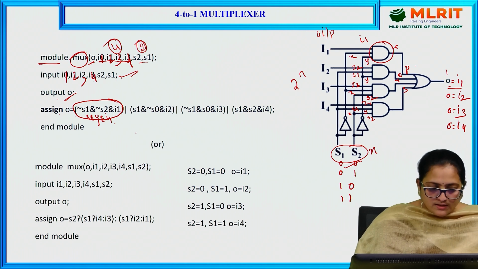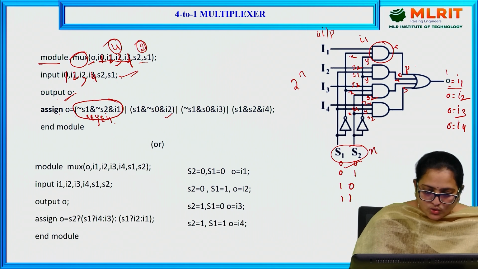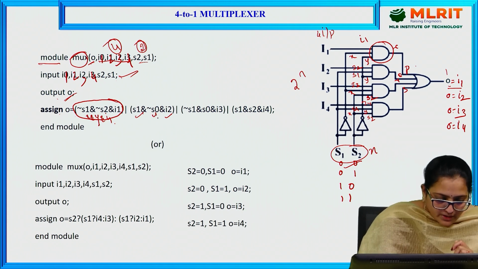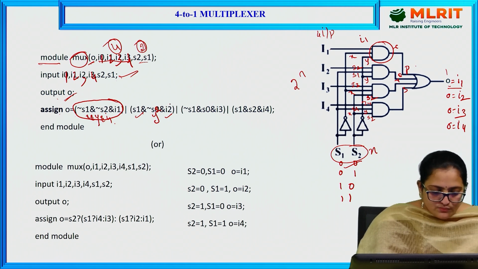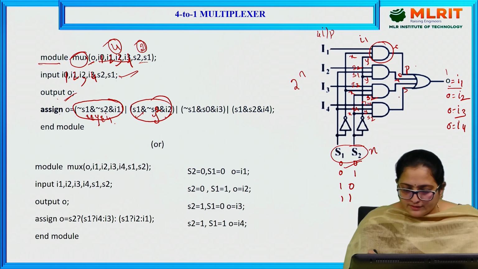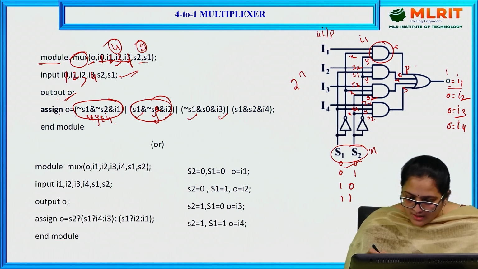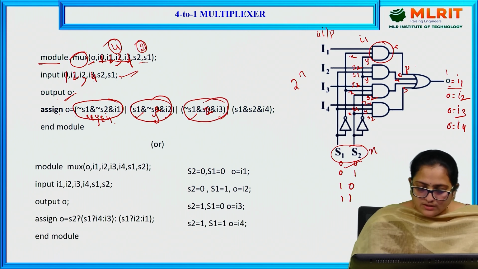For the second AND gate, the inputs are I2, S1 and the complement of S2, which is the wire Y. For the third AND gate, the inputs are I3, X, that is the complement of S1, and S2 directly.